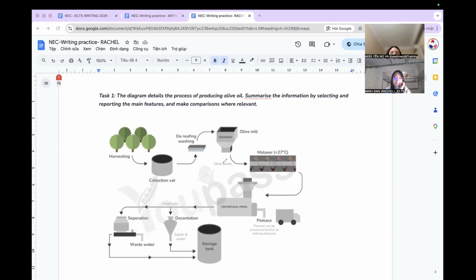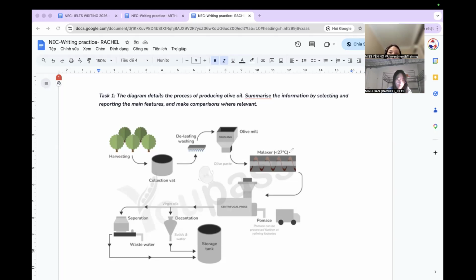So the olive paste will travel to the malaxer, and it will spin around the structure just to mix it a little bit under 27 degrees Celsius.